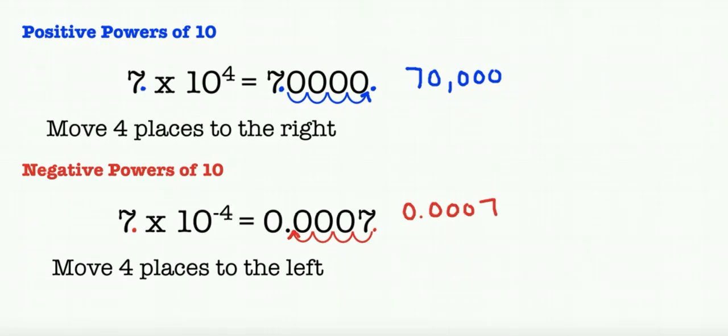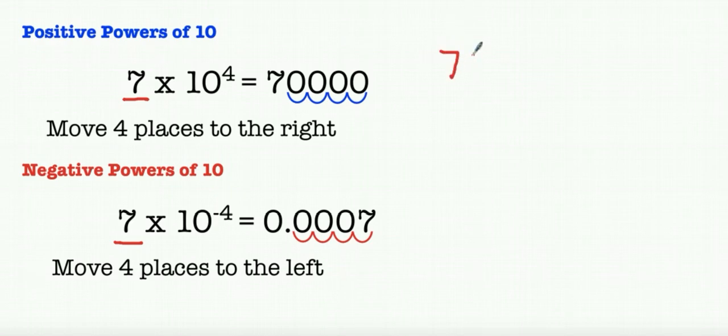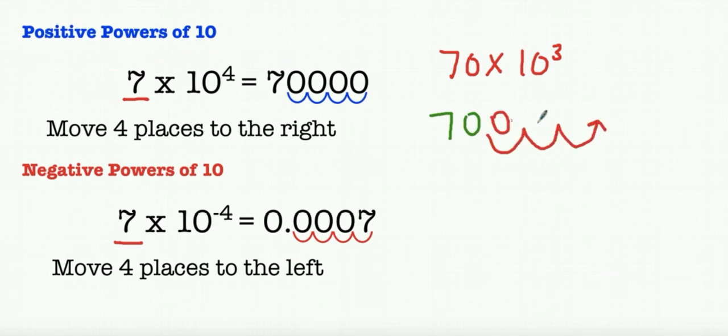So when we're working with scientific notation, it's very important that the number we're working with, the one starting off, is between 1 and 9. So for example, even though I could write 70 times 10 to the power of 3, and that would be 70, and then I'd move the decimal over 1, 2, 3, and get the same number, this is not how scientific notation is written.